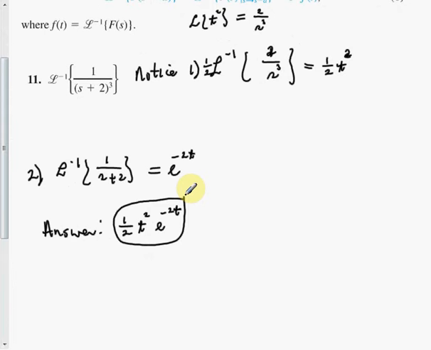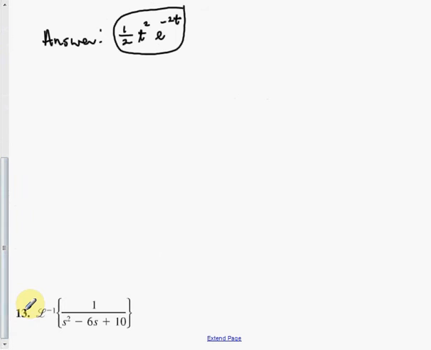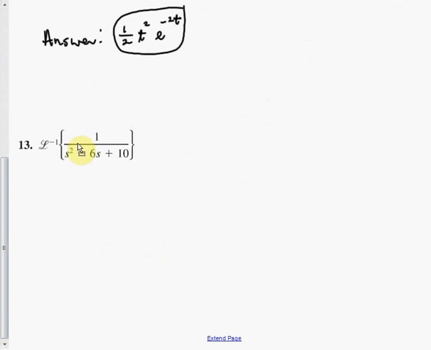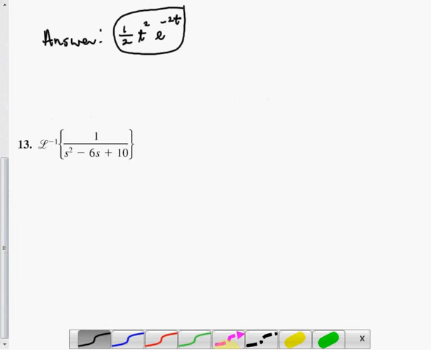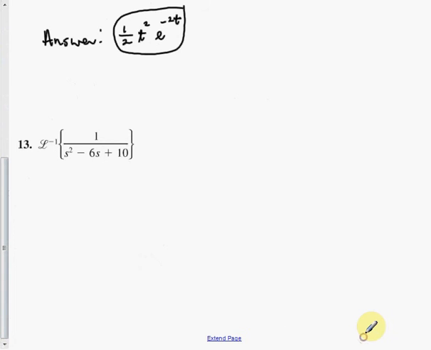Just submerge both of those parts, 1 and 2. Now to break this down, you got that s squared minus 6s plus 10. You want to complete the square.